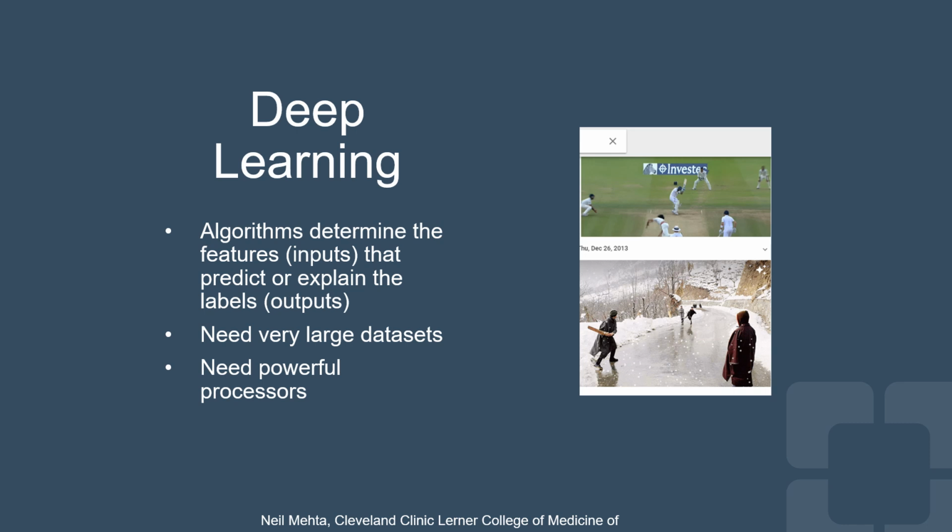And then potentially, when you give it an image of some kids playing cricket in the frozen roads of Kashmir, it would be able to predict that this is a photograph of cricket. This requires much larger data sets and requires very powerful processors and graphical processing units.